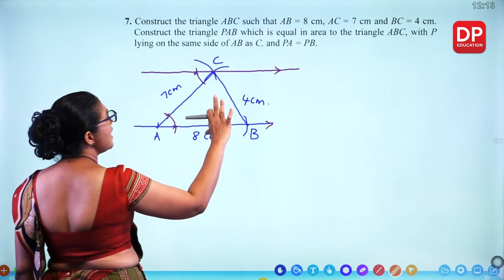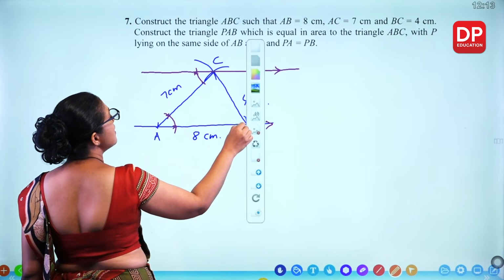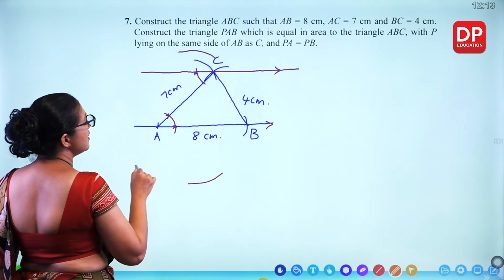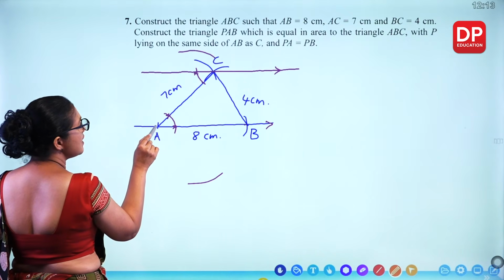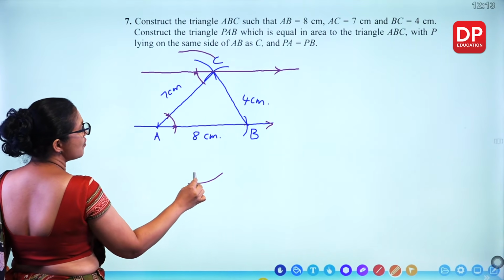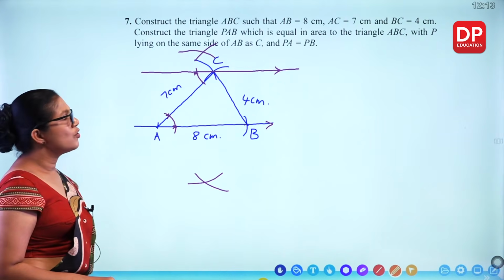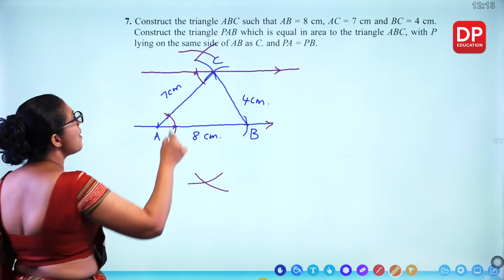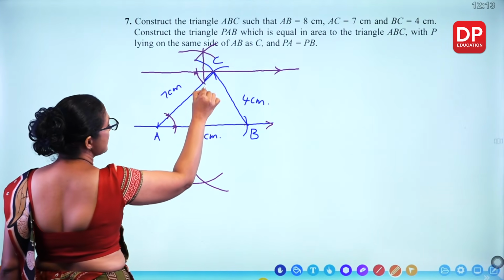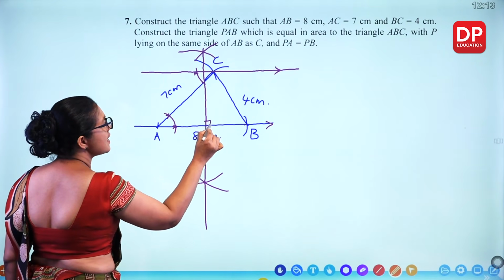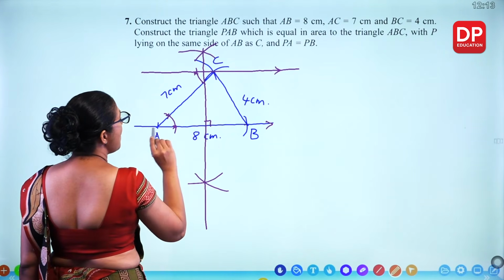Take any length and draw an arc here, an arc here. Again take the same length, keep the compass here, draw an arc here, arc here. When you connect those two, you get the perpendicular bisector. So this is the perpendicular bisector to AB.